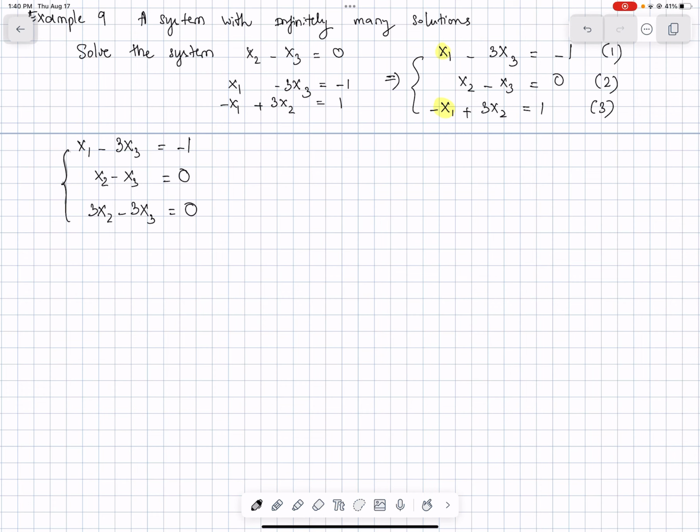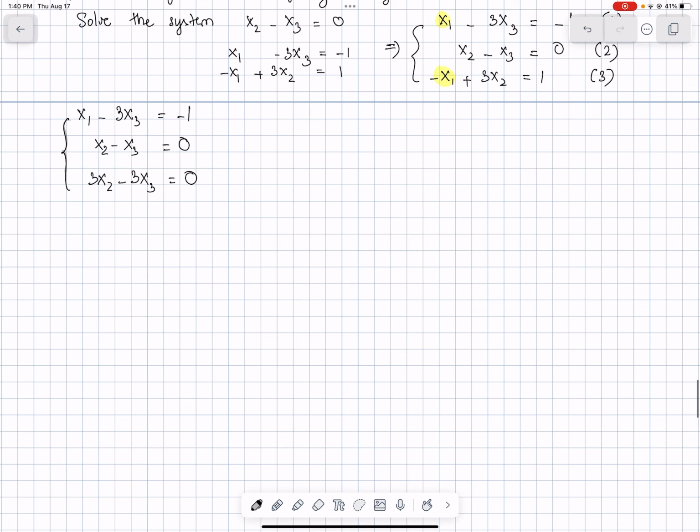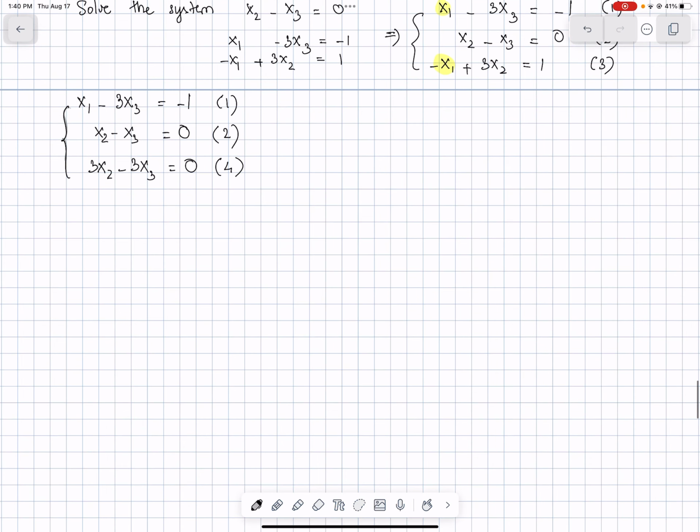Now we work on x2. We want to eliminate x2 for the last equation. So we will name this 1, this 2, and this is our new one, so this is 4. We want to eliminate x2 for equation 4. Okay, we will use number 2.